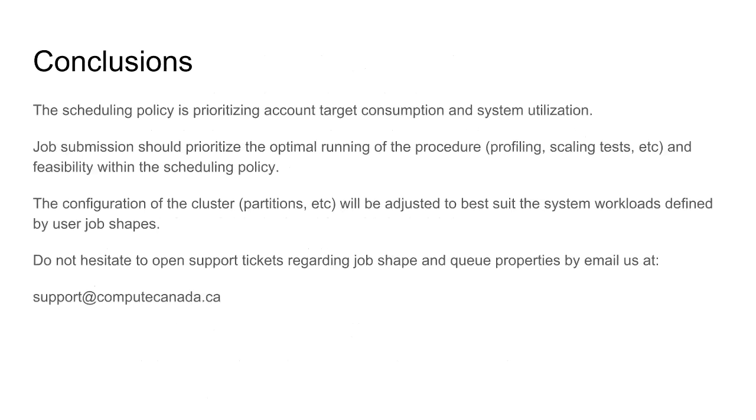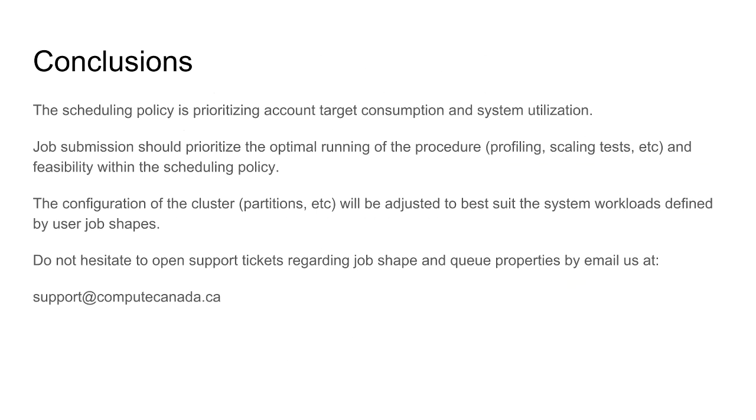So in conclusion, the scheduling policy prioritizes account target consumption, but also prioritizes the total utilization and efficiency of the system. Whenever submitting jobs, you should prioritize the optimal running of the procedure. So the job should be running with high performance that you determine through profiling and scaling tests.